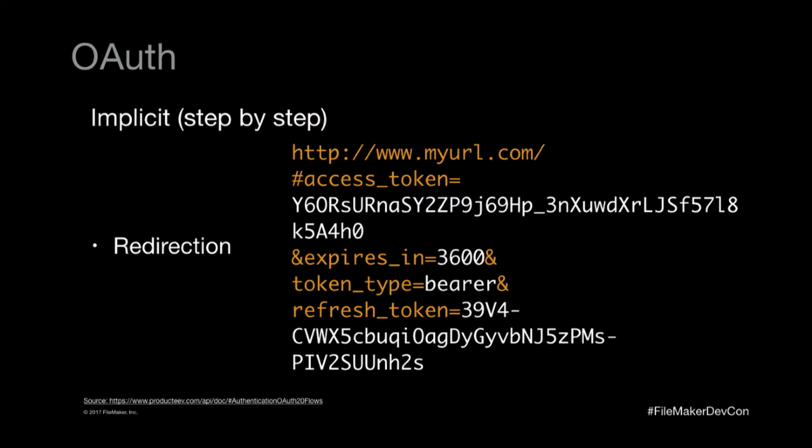So if we don't have control of our browser, it will be hard to parse all this information. If we have a web viewer, we can grab the source of the web viewer and then parse this information. For me, it's easier to use the authorization code grant.